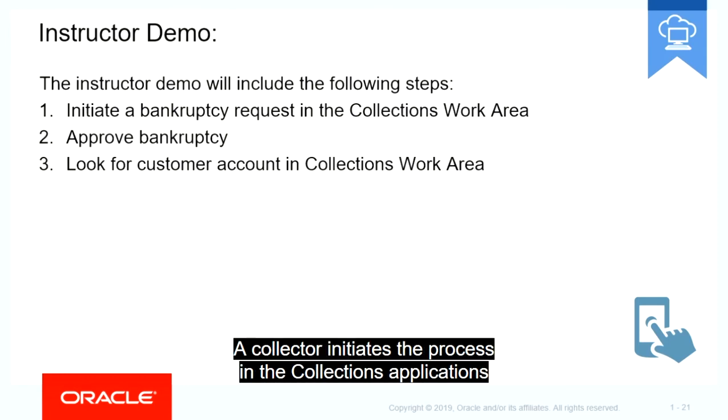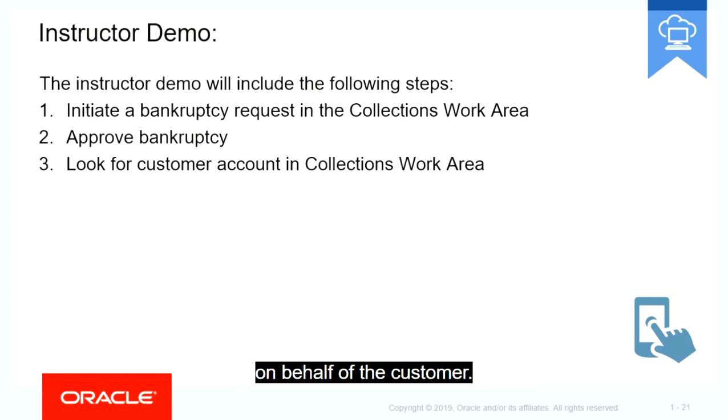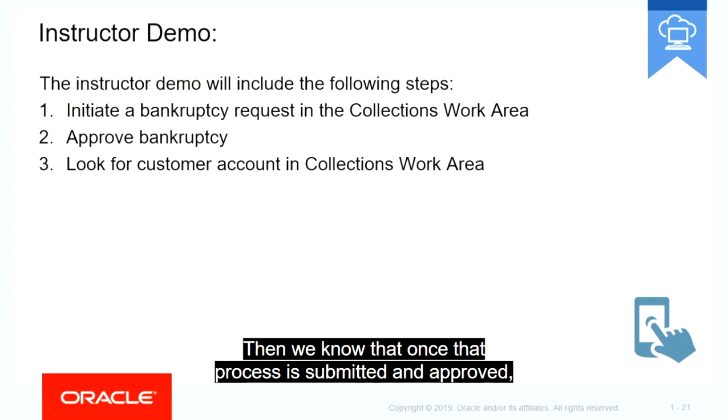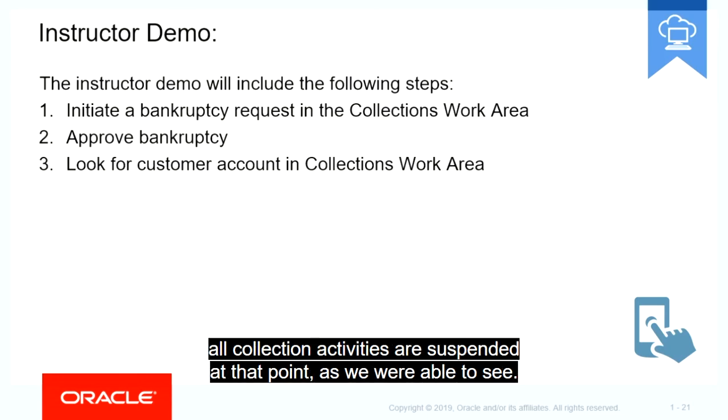A collector initiates the process in the collections application on behalf of the customer. Then we know that once that process is submitted and approved, all collection activities are suspended at that point, as we were able to see.